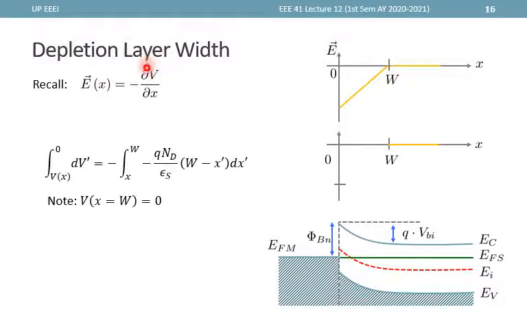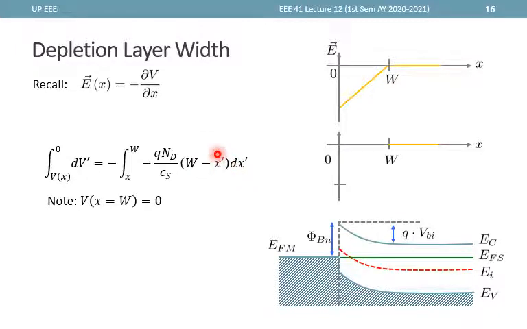So integrating this side with the minus sign, move to the other side, we get dV prime across some limit equal to negative of the electric field, which is this function here, with some change of variable.